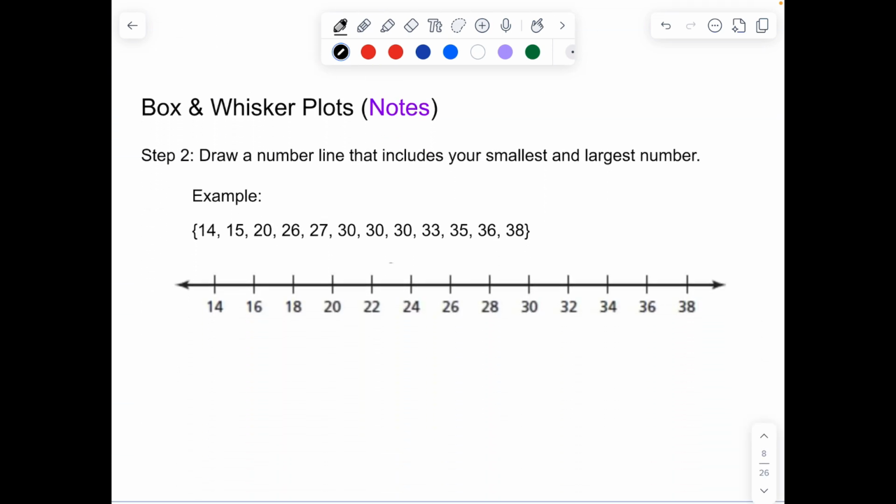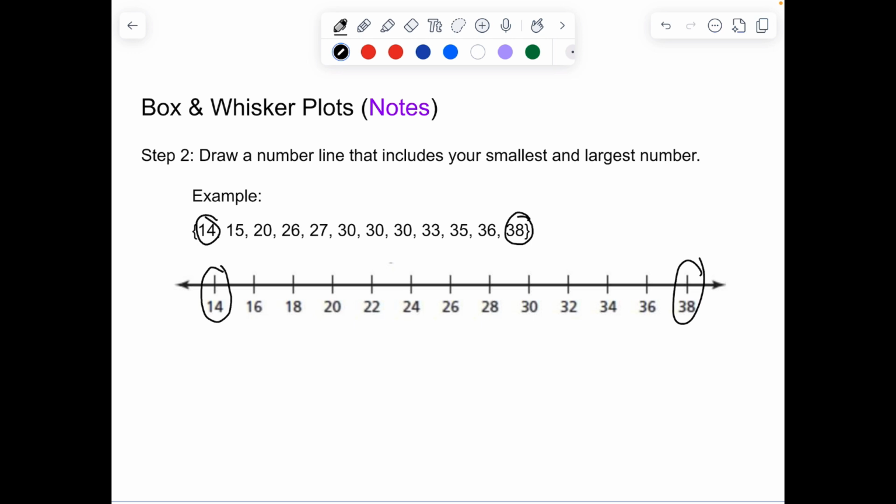Step two is to draw a number line that includes your smallest number and your largest number. My smallest number here is 14, and my largest number is 38. So my number line should include 14 as my lowest number and 38 as my largest number.